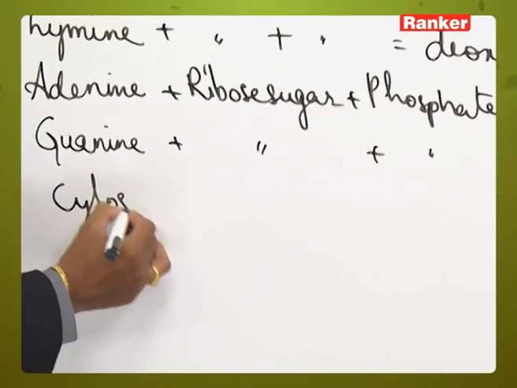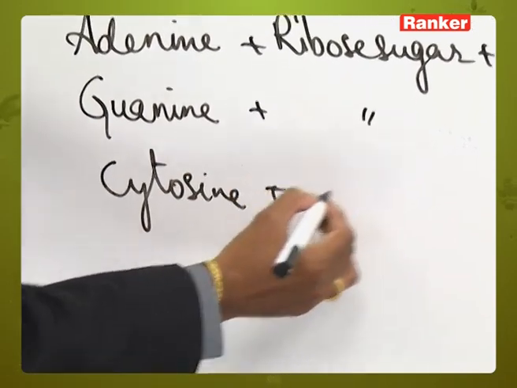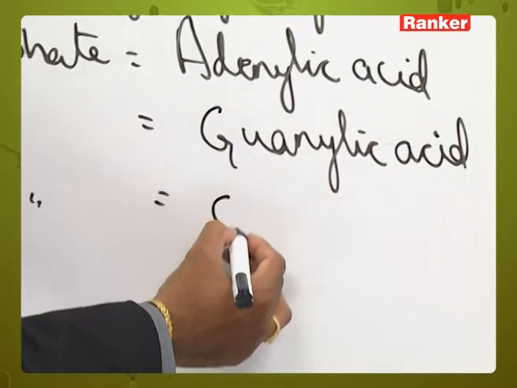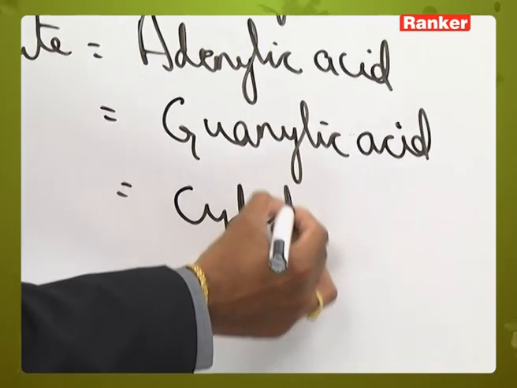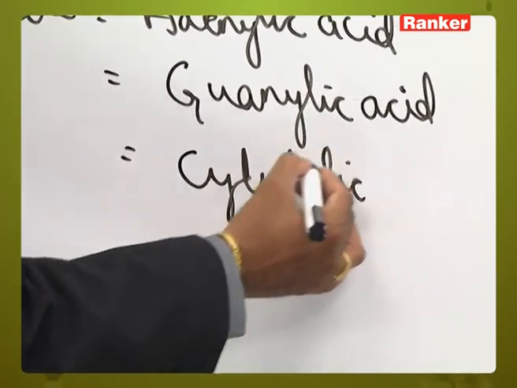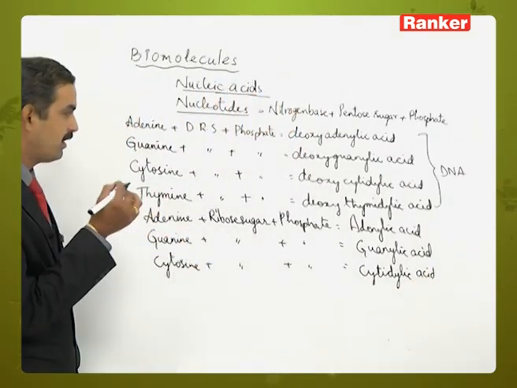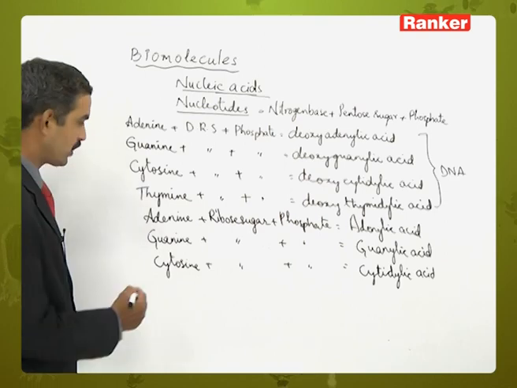Then cytosine plus ribose sugar plus phosphate, cytidylic acid. So this is also differing only in the nature of the pentose sugar.